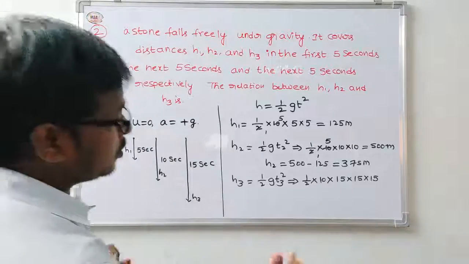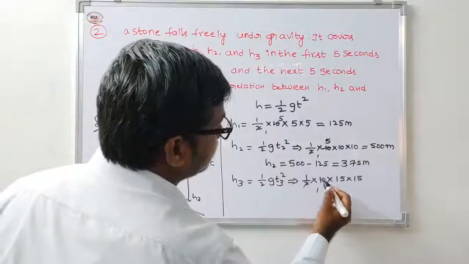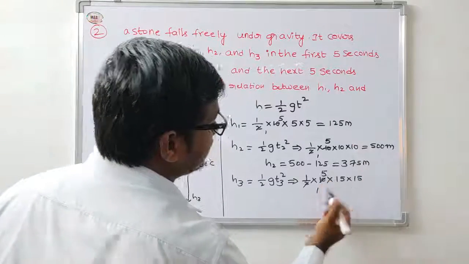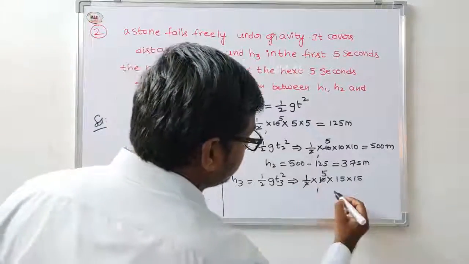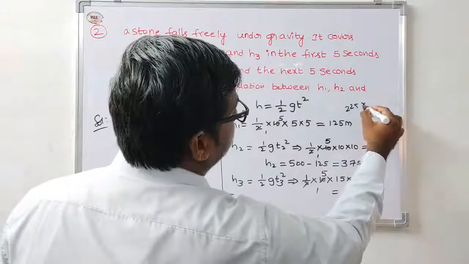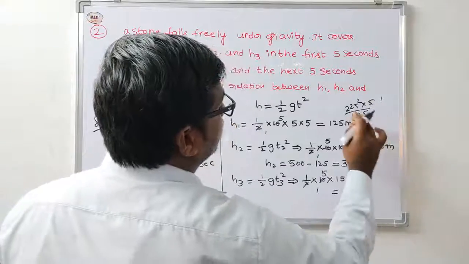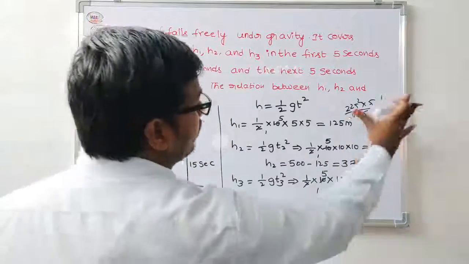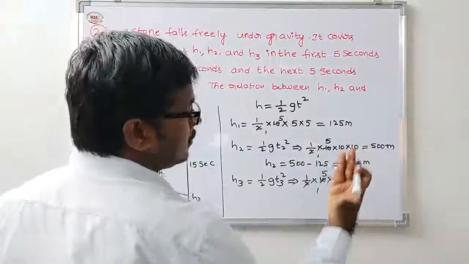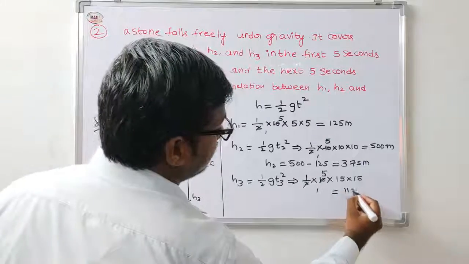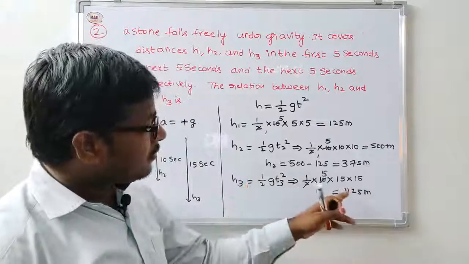Okay, 15 square, 225. 225 into 5, that is 1125. 1125 meter is the total distance by 15 seconds.